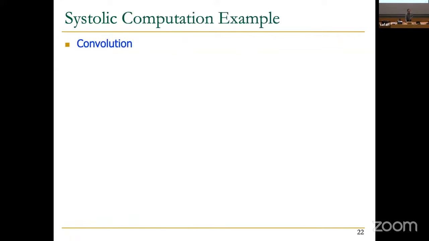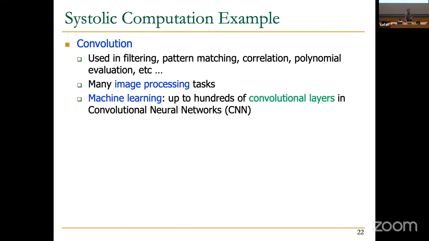So let me give you an example of systolic computation. This is convolution. Convolution is mathematically defined, as we will see in the bottom part of the slide. But this is heavily used in many operations like filtering of images, or filtering in general, pattern matching, correlation analysis, polynomial evaluation, etc. A lot of image processing tasks, and currently machine learning. At earlier times, image processing was the reason why systolic arrays were developed, but now machine learning happens to have convolutions also.